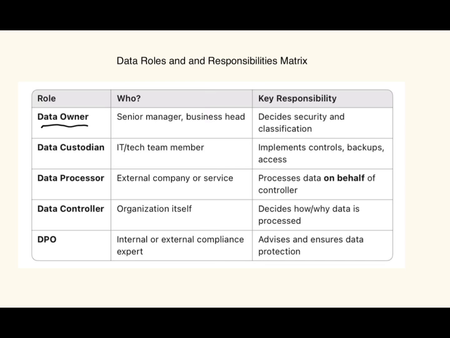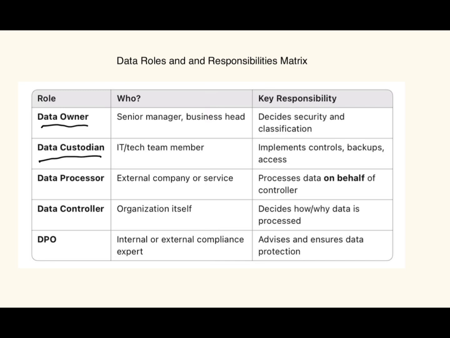Okay. So then second role is data custodian. Data custodian is usually someone in the IT department who implements controls like backup, storage, security, and user access. It does not decide which control to use. His or her responsibility is to just implement them.